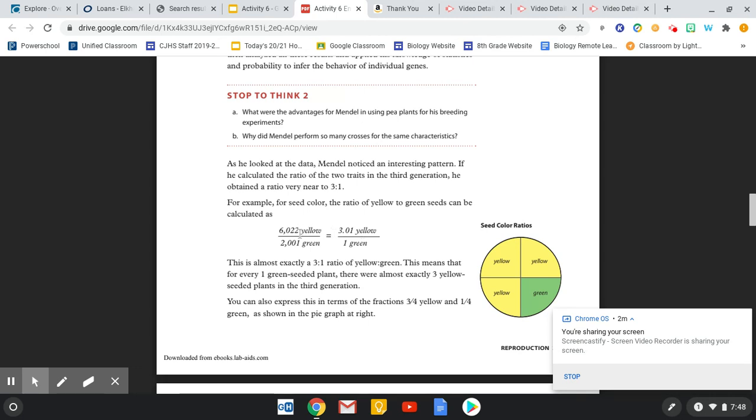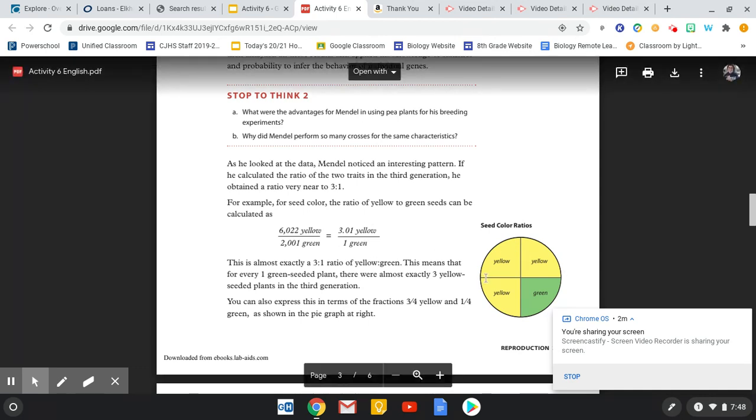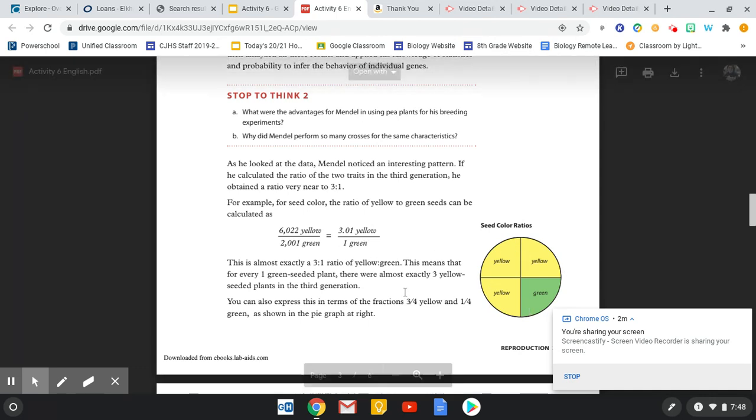Okay, so we're looking at common denominators and fractions and oh my math. So this fraction is the same as 3.01 yellow to 1 green, or approximately 3-1. This is almost exactly a 3-1 ratio of yellow to green.